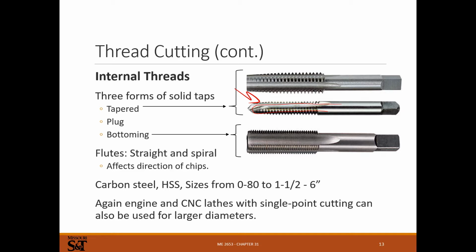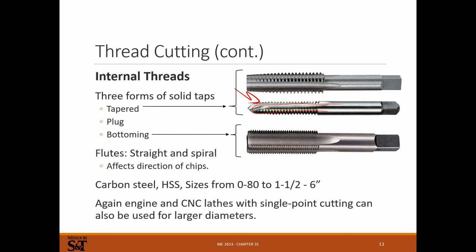But the main thing is to not break taps. So when it comes to purchasing taps, buy good taps. With external lathe cutting tools, buy nice stuff, but if the cheap stuff breaks, it's usually not a tragedy. Taps, when they break, is almost always a tragedy.